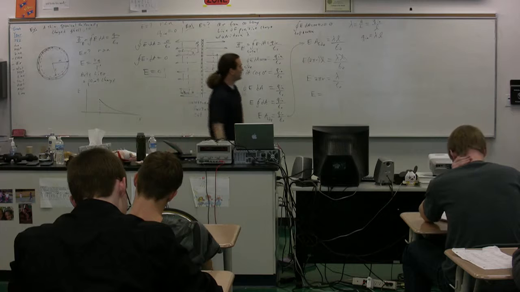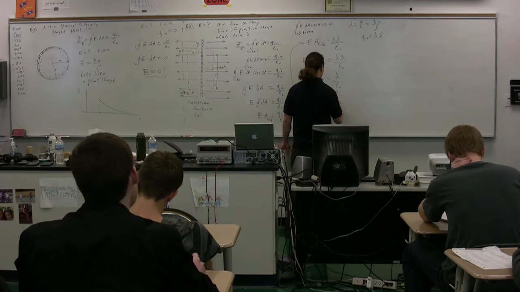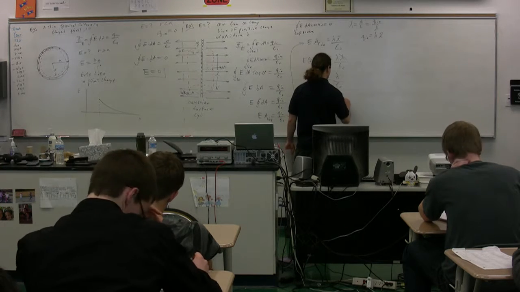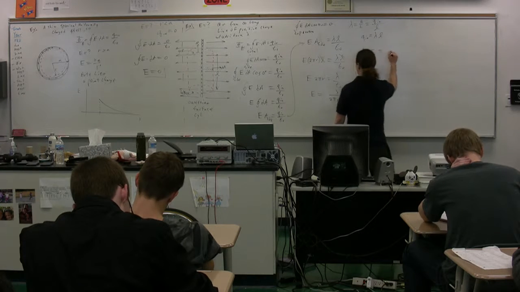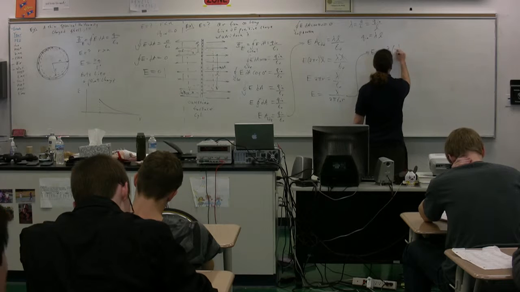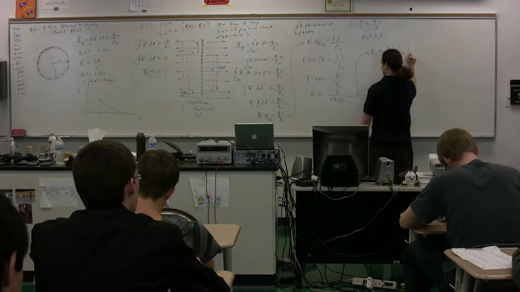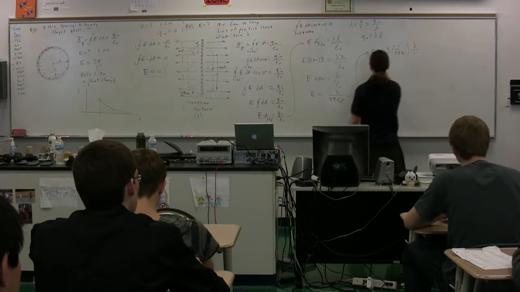We get that the electric field equals lambda divided by 2 pi E naught times r. Or if you prefer, the electric field equals 2 times 1 over 4 pi E naught times lambda over r.